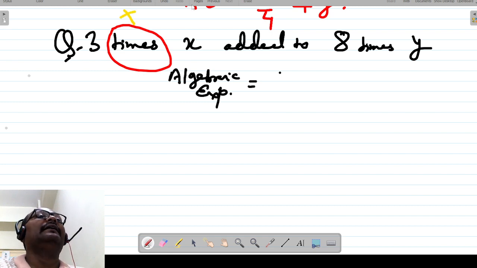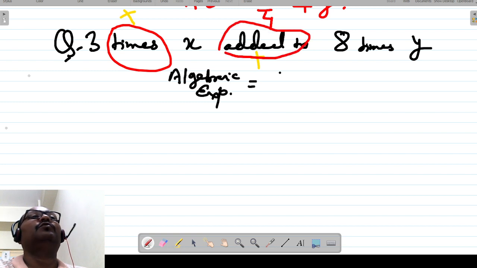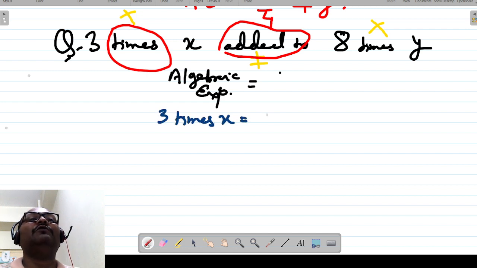And added means plus. 8 times, again times, means multiply. So first identify those numbers. What is that? 3 times x.